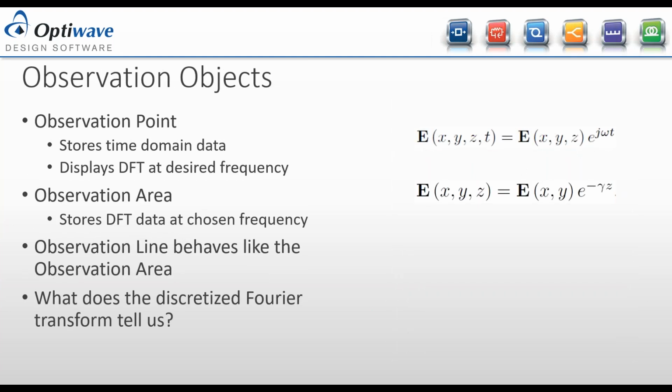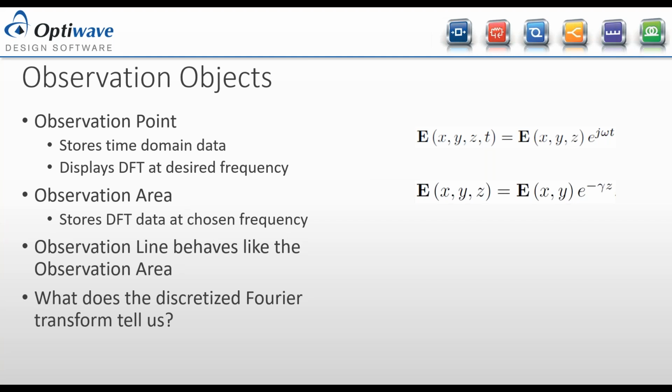So, right, we showed the observation point. It stores the time domain data, right? That graph I had had the time in femtoseconds on the x-axis, and on the y-axis it had the field amplitude in volts per meter. So it's a really clear picture of what's happening at that mesh point.